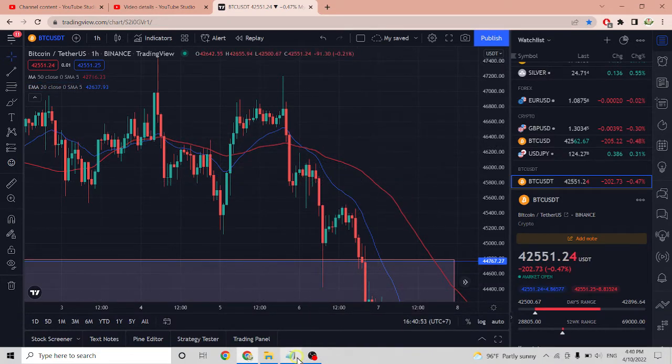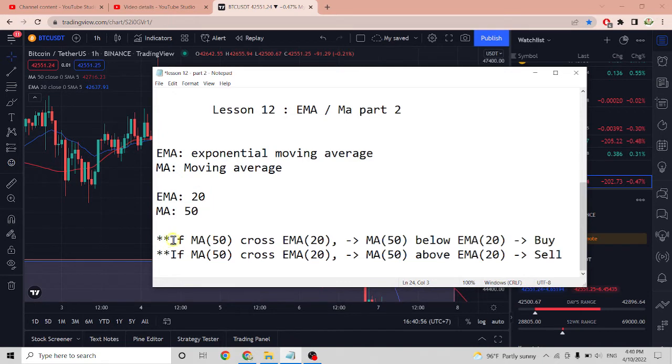Now look at the definition. If MA 50 crosses EMA and MA is below EMA, meaning the graph will go up, you can go buy. You can take a buy position.